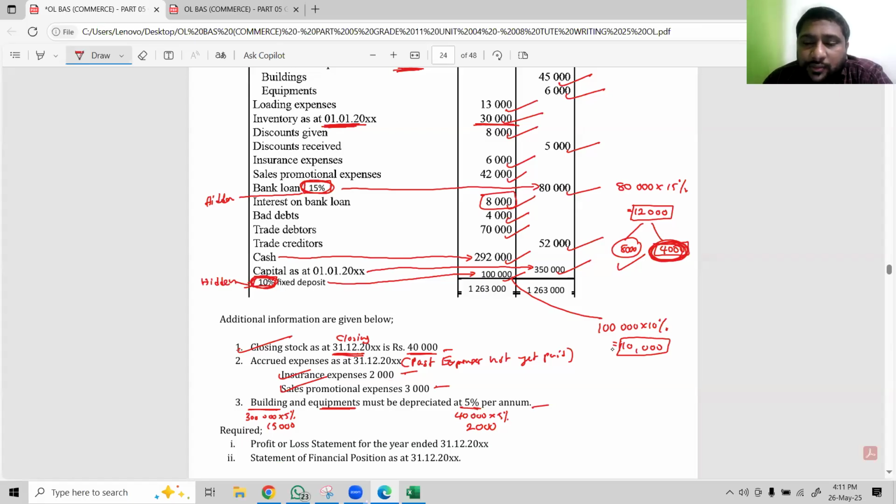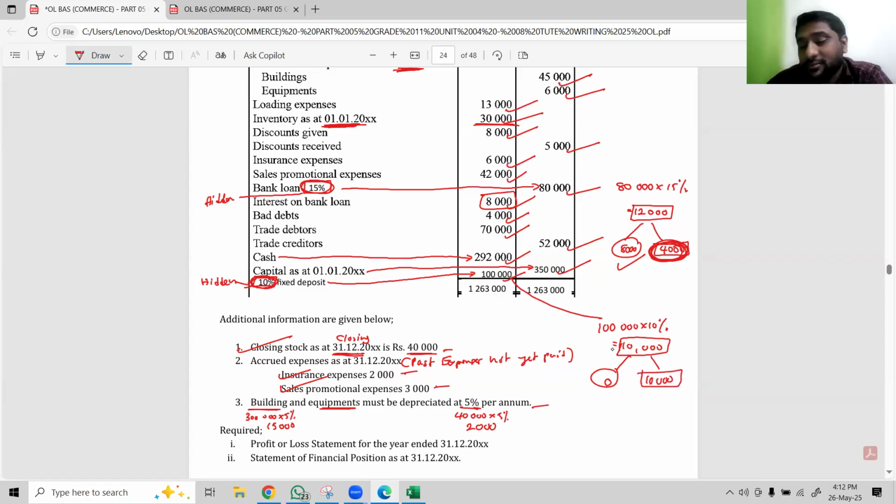Read the trial balance from top to bottom. We have received zero, nothing, because it is not in the trial balance. If we had already received it, it would be there. It is not there, which means we have not received a single rupee. The entire 10,000 we should receive.